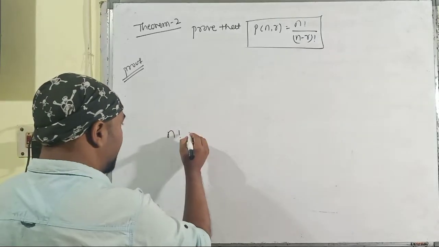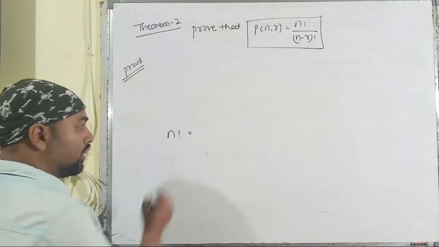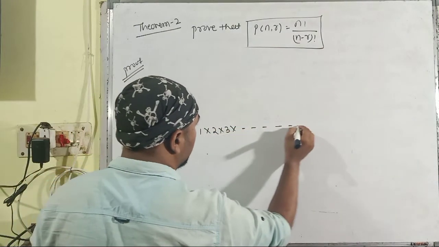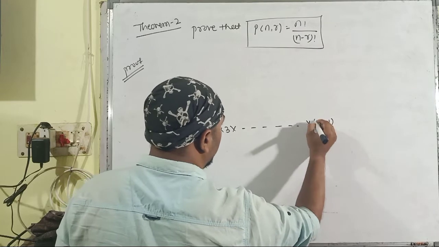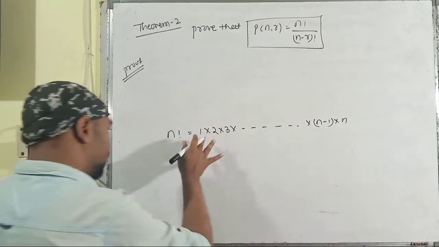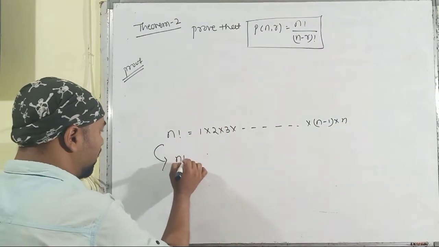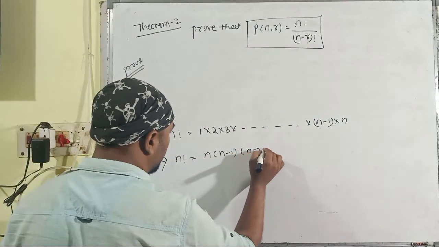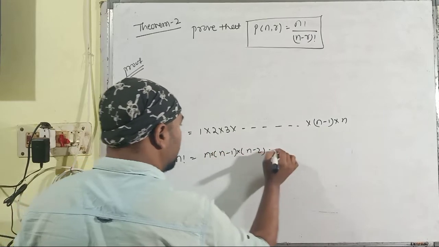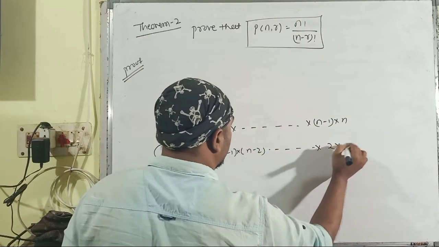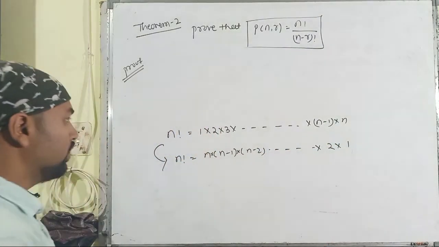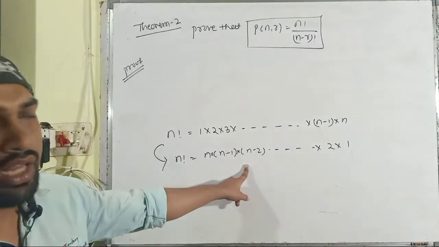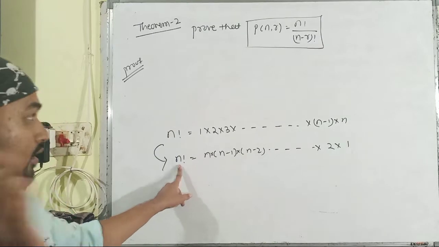We know that n factorial can be written as 1 multiplied with 2 multiplied with 3 multiplied with n minus 1 multiplied with n. And we can also write it in the reverse order, n multiplied with n minus 1 multiplied with n minus 2 up to 1. This first is the increasing order, and this is the decreasing order arrangement of the factorial of n.